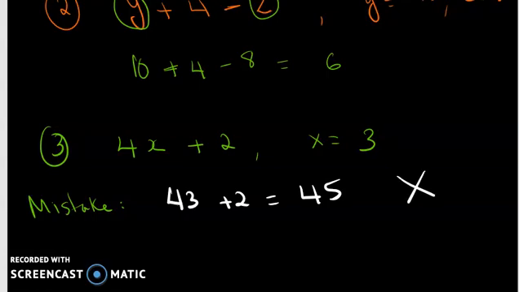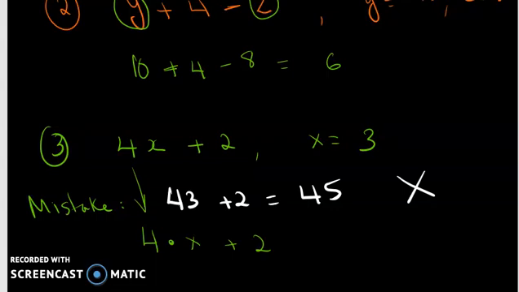This is not correct, because the confusion is 4x. We need to understand the relationship between 4 and x. The relationship is multiplication. There is an invisible multiplication between 4 and x. So 4 times x plus 2, that's what that means. So 4x is 4 times x. In algebra, we tend to stay away from using the multiplication symbol to distinguish it from x.